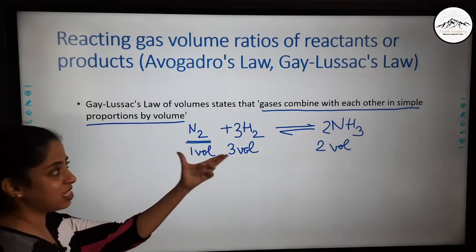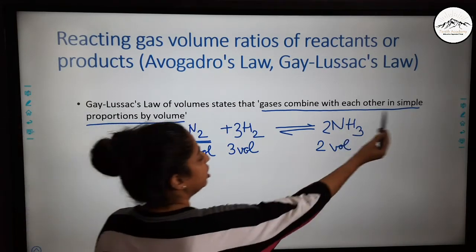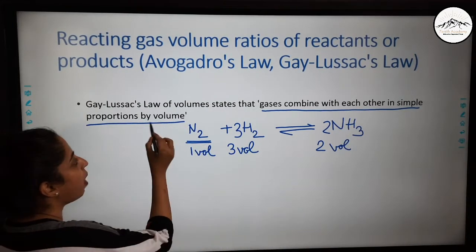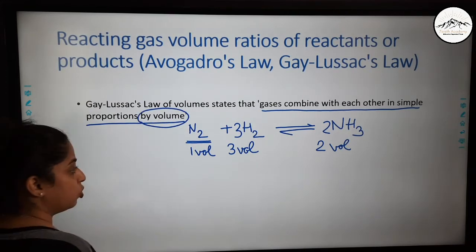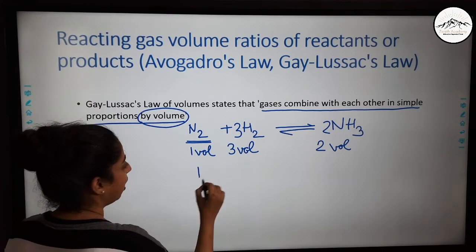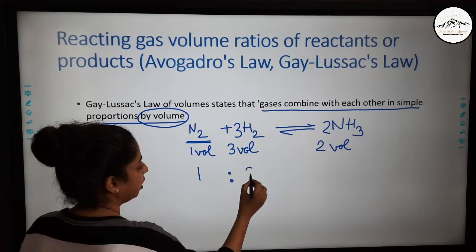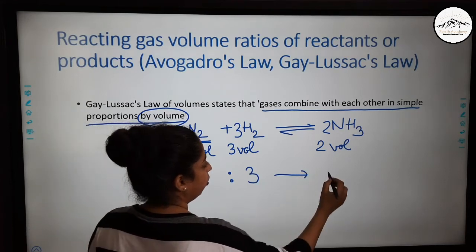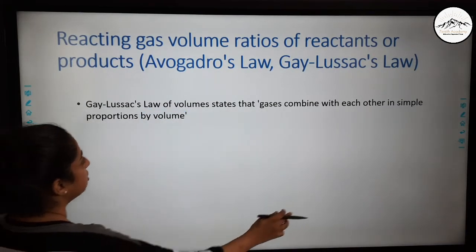So when these gases react, they combine with each other in simple proportions by volume. So we can say that they are combining in 1:3 ratio to give you 2. So that was Gay-Lussac's law.